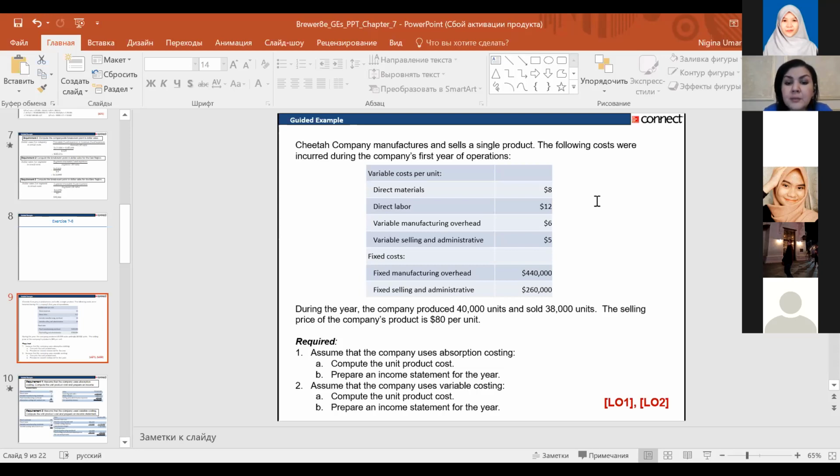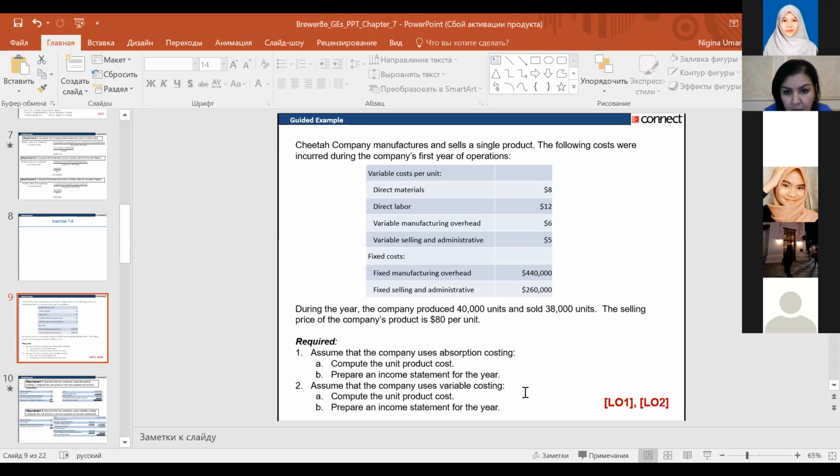Now prepare an income statement again. So the sales revenue will be the same, right? We have calculated sales revenue. How should we calculate cost of goods sold? Salma, tell me.